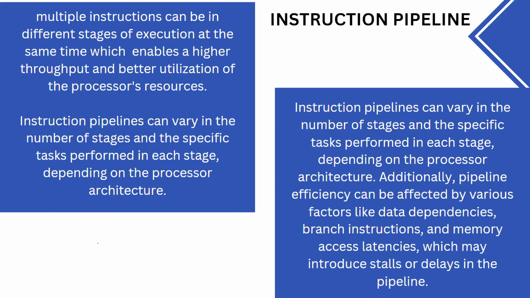Additionally, pipeline efficiency can be affected by various factors like data dependencies, branch instructions, and memory access latencies, which may introduce stalls or delays in the pipeline.